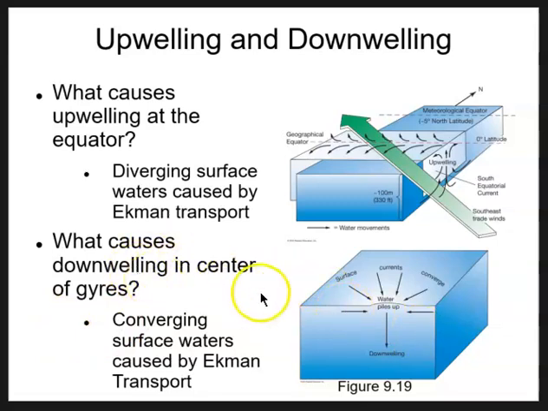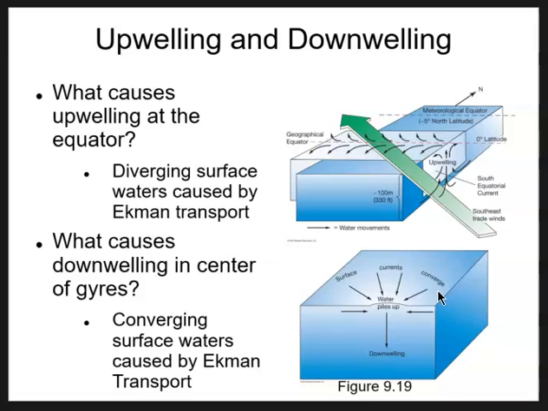So what causes downwelling in the center of gyres? Well, in the center of gyres, as we previously learned, waters converge, so they go together. So if water is running into more water, it's just going to sink down, okay? So in places where water is converging, we end up with downwelling.